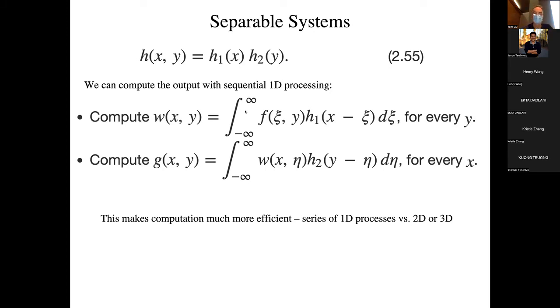And we do that for every Y value. And I take the output of that, where the only thing that's been blurred is the values in X, and stick that in as the input to the next stage, which is figuring out what the output from the Y is for every X. And that gives me my final image.